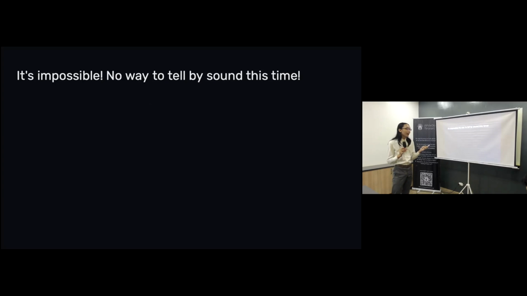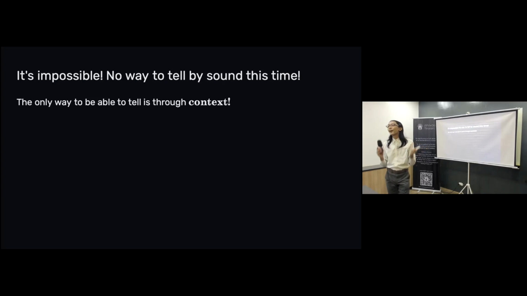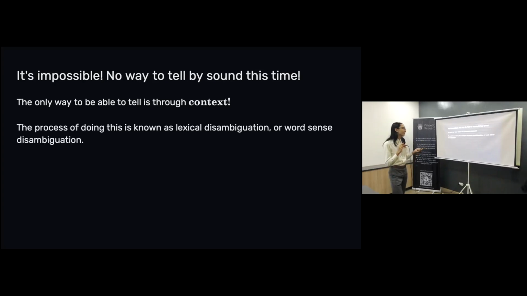So you wouldn't be able to tell. The only way you would be able to tell is through context, what's surrounding it. In what circumstances am I saying it? What things have I said before? What things are in the environment? Then you'll be able to tell which sense of the word I mean.